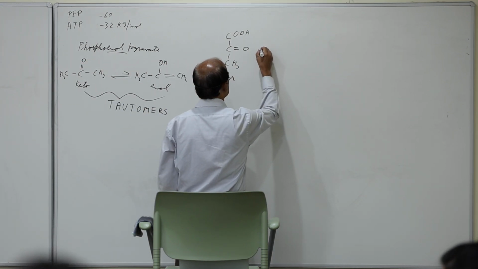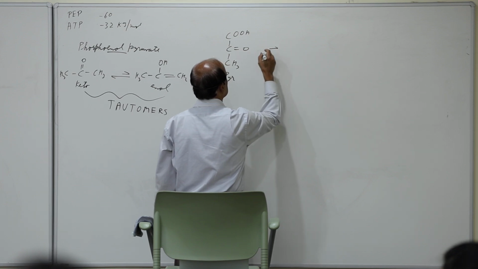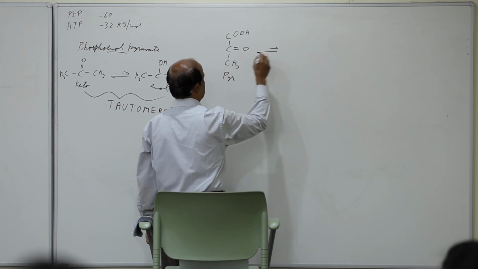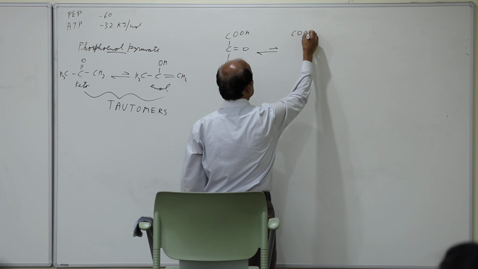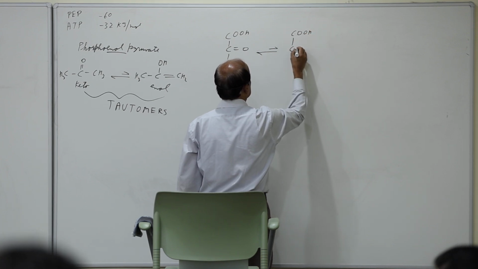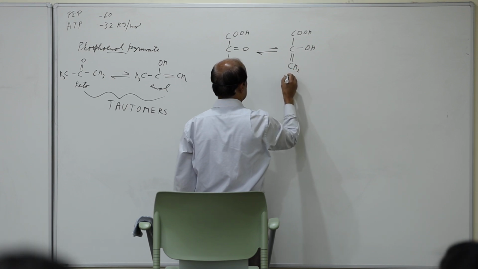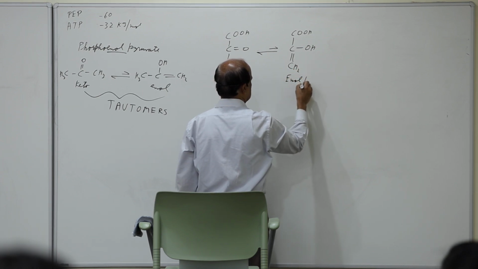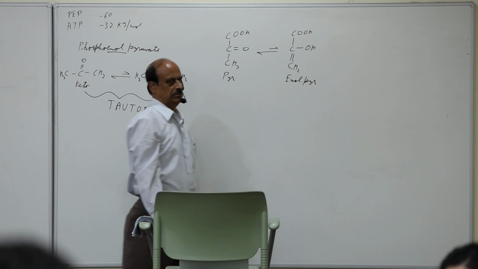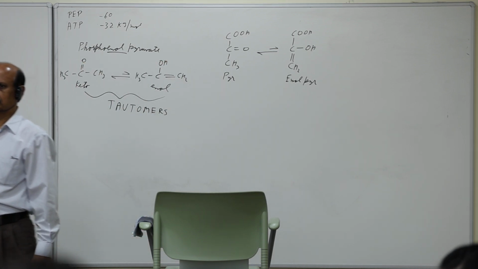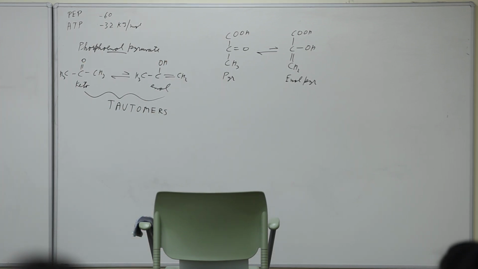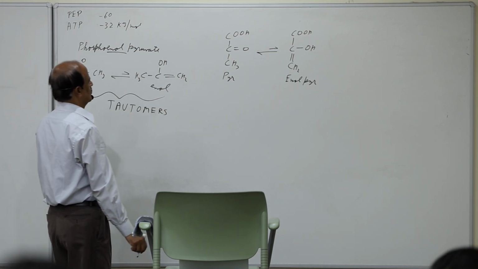So once again, it's mostly as the ketone. So this is enol pyruvate. So enol is more unstable, so most of the molecules are in the keto form.